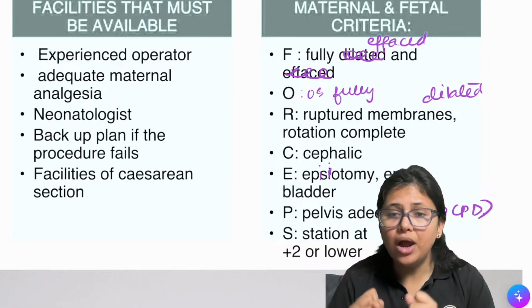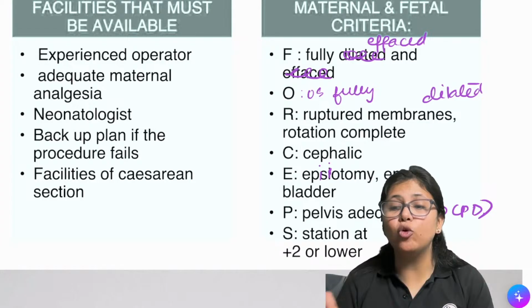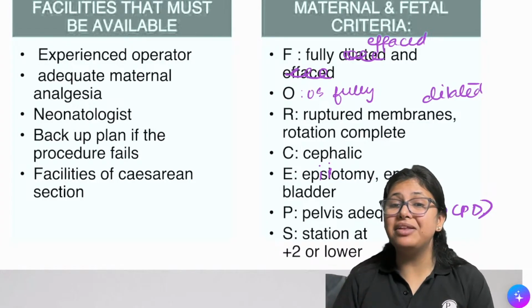Now, whenever you are doing an instrumental delivery, you have to go in knowing, and you have to be very, very open to the possibility that this delivery might fail.